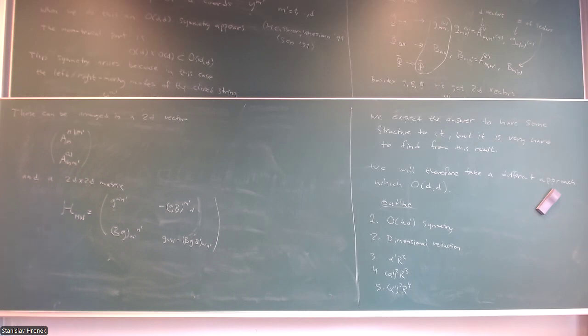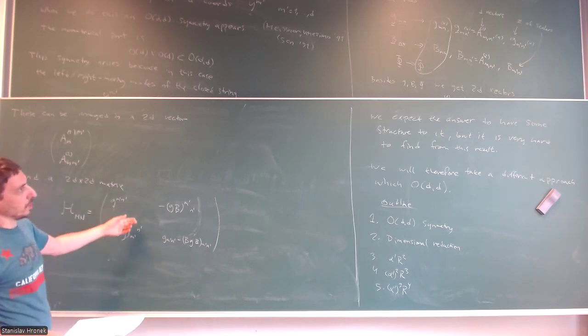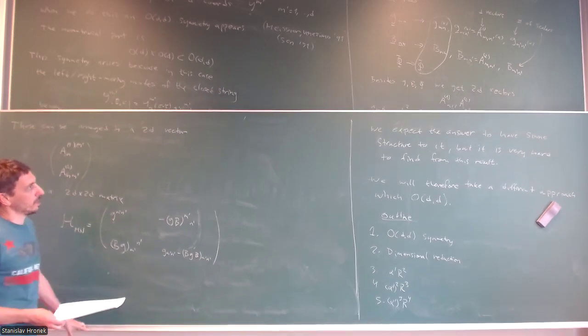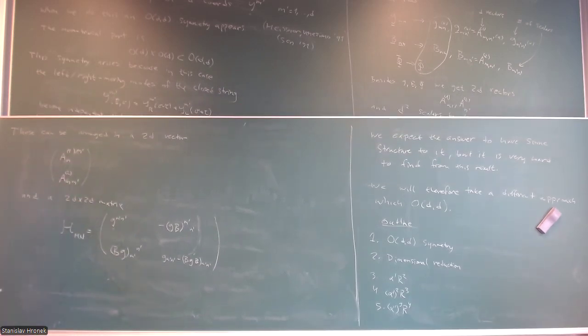So obviously this is something you can do at this point, it's not required, but of course we can arrange things like this if you want to. And the reason this is useful is that it turns out that O(D,D) acts simply on these objects.